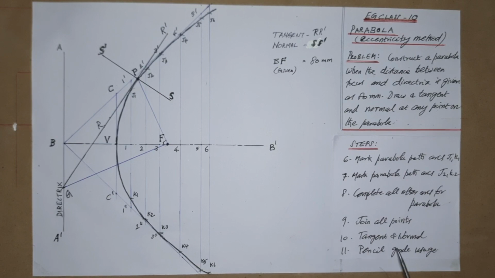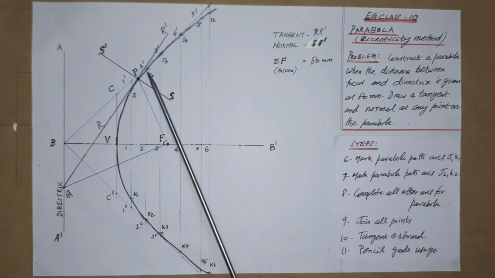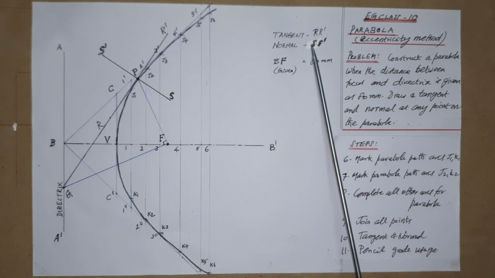Next, regarding the pencil grade usage etc., first mention the dimensions. If there are more dimensions, we may mention them in the drawing itself. Since only one dimension is given, that may be noted here like this. Then with respect to tangent and normal, after drawing they should be labeled here like this to indicate tangent and normal.